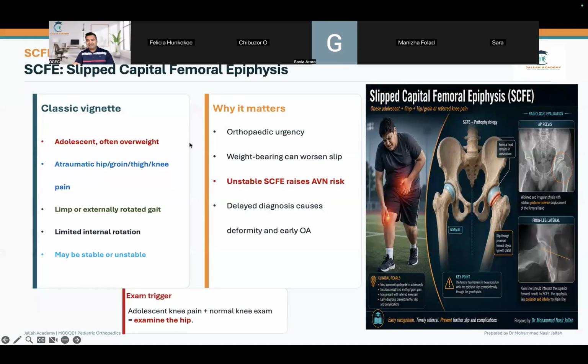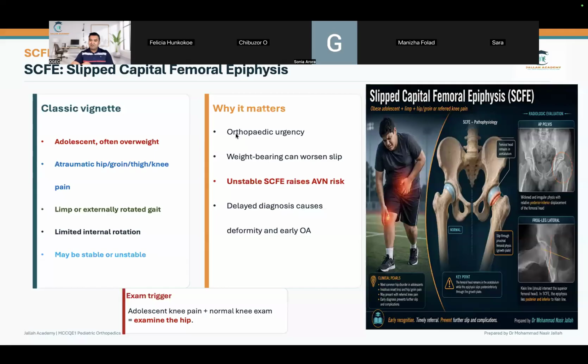Second most commonly tested in pediatric orthopedics: slipped capital femoral epiphysis. In the classic clinical vignettes they give you, what do they include? They will mention an adolescent, usually around 13 years old, often overweight.